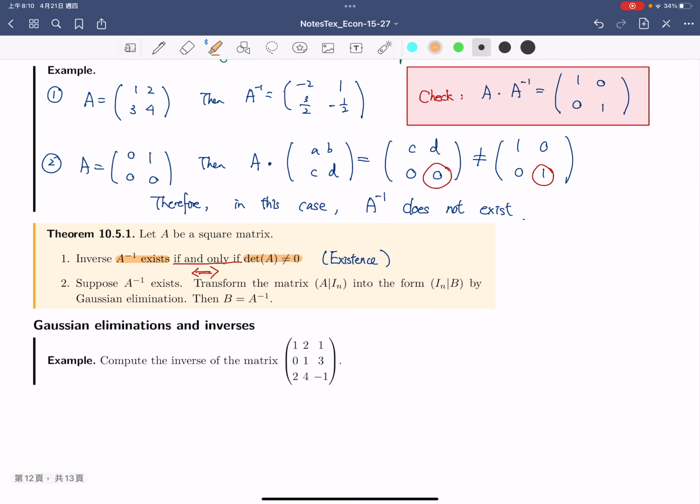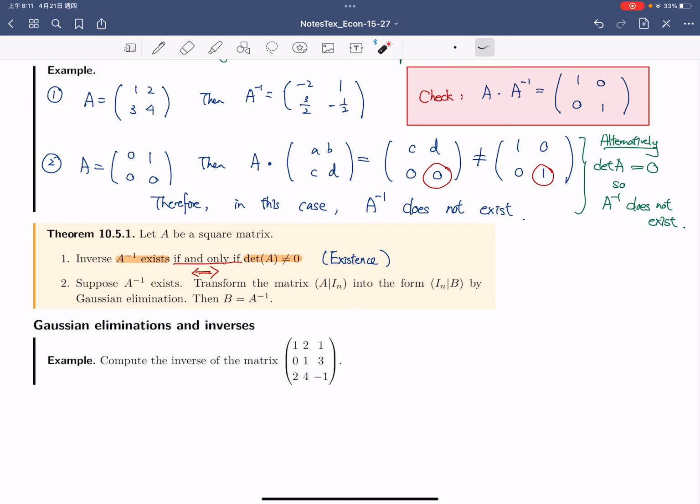So for example, instead of checking this directly, you can just compute the determinant of A. In this case, the determinant of A is AD minus BC, which is 0. So we know that A inverse does not exist. This is how you determine whether the inverse exists, by computing the determinant of A.